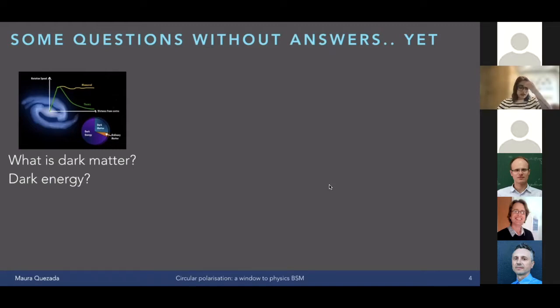Based on the neutrino sector, as I said before, the standard model doesn't predict their masses, but neutrino oscillation experiments have confirmed that these particles have a very tiny mass.